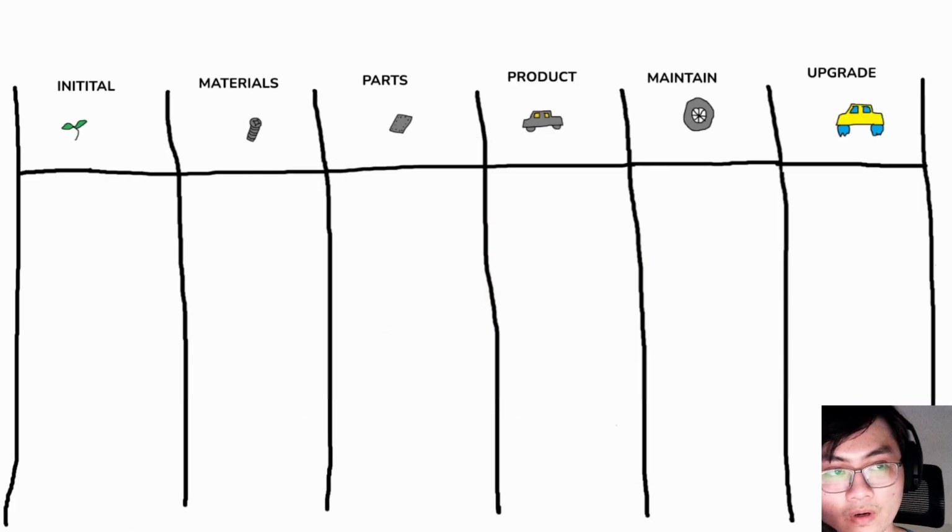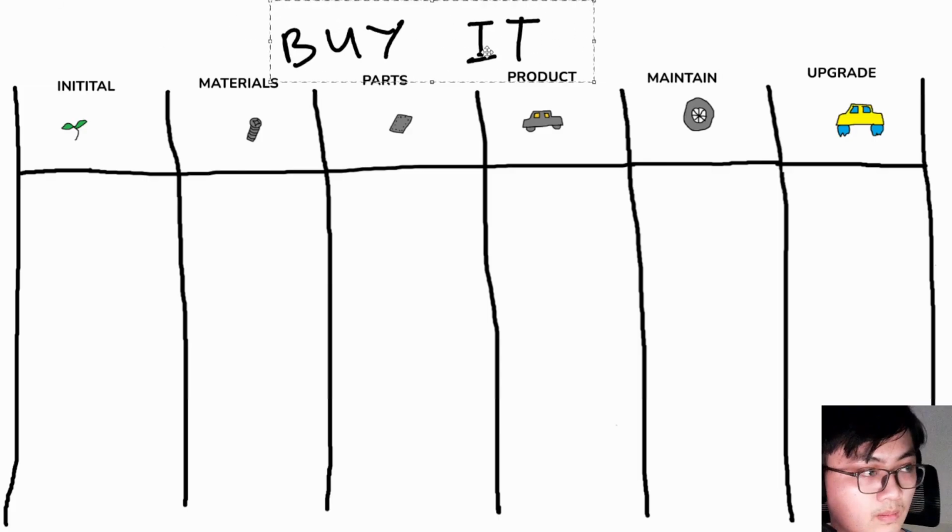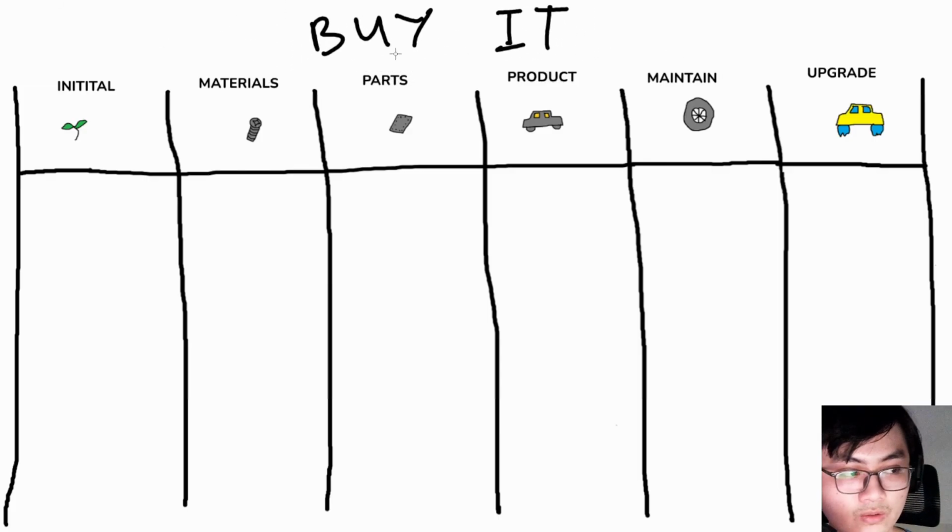Now back to the process. First we will have the process for making, which we call buy it. In this method we buy the product directly.